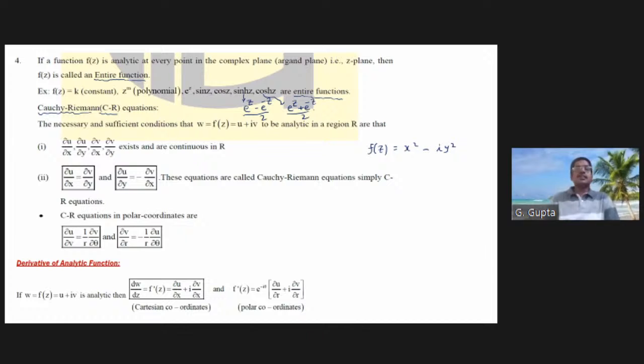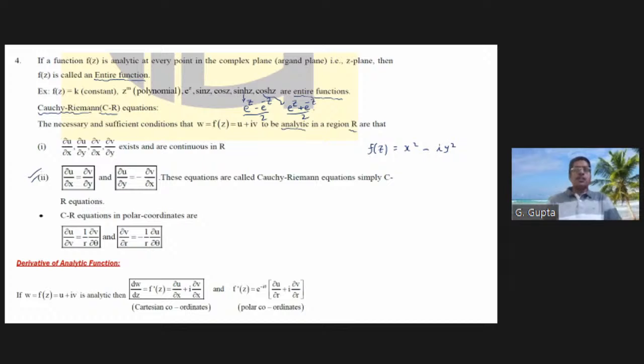So these scientists have given the easiest procedure to say whether the given complex function is analytic. The necessary and sufficient conditions for w equal to f of z, that is, w is a function of z and is nothing but a complex variable expressed as u plus iv, all three having the same meaning, to be analytic in a region are two conditions, of which the second is very, very important.